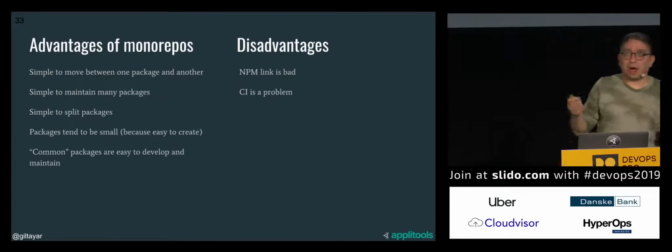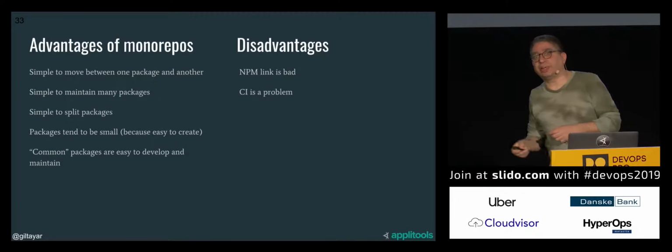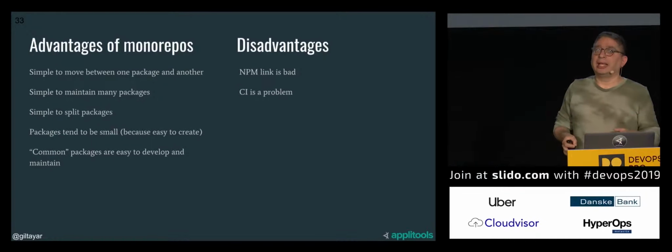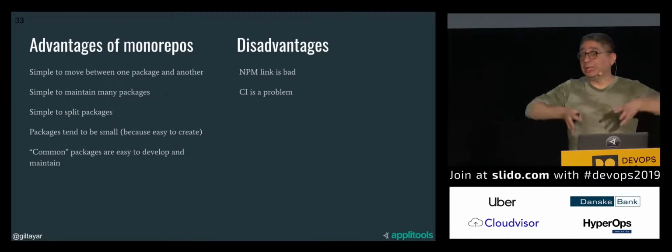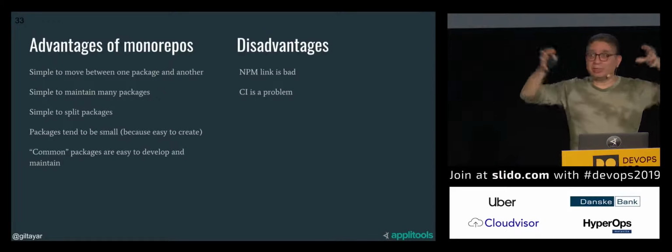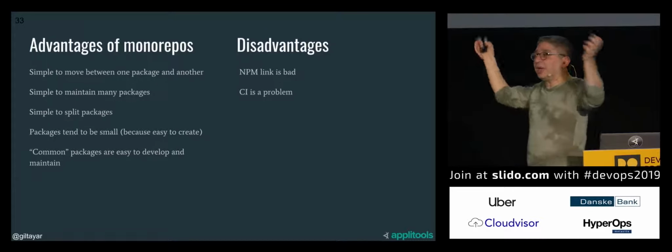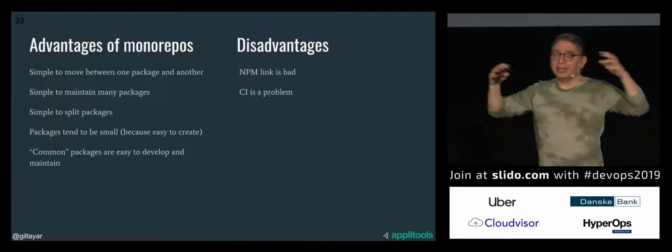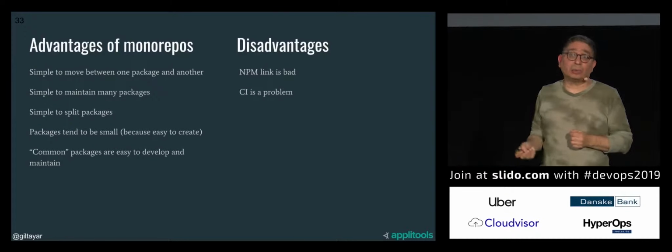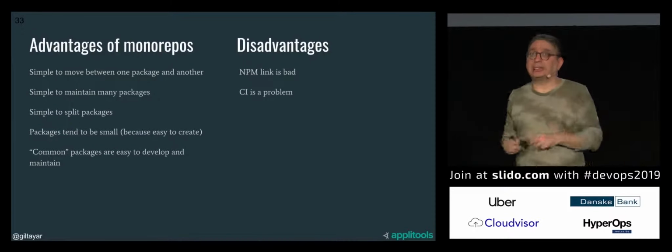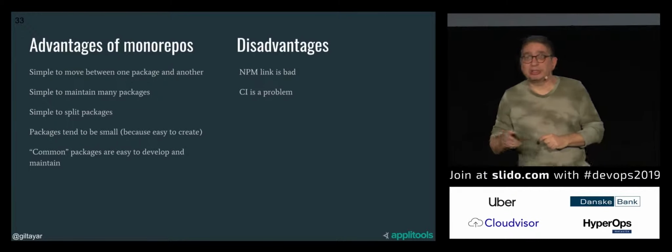And common packages are really easy to develop and maintain. Most of you know the big utils package where you dump everything common and it grows to be a monster. We have about 20, 25 utils like that, each one in its own specific area.